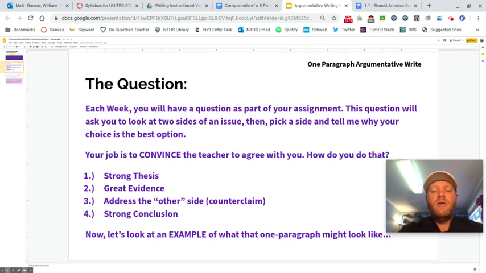Okay, so without dragging this on into like a 30-minute thing, I just want to show you an example of what a 1-paragraph might look like and go over those 4 pieces with you so that you're aware of what we are looking for as teachers in a 1-paragraph argumentative write.